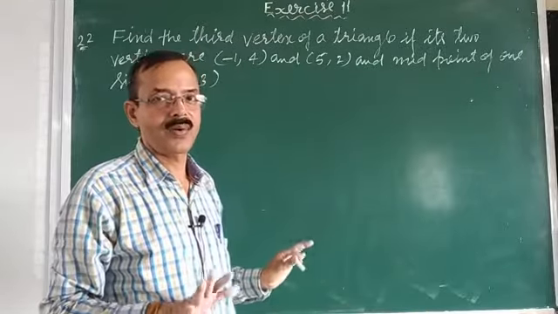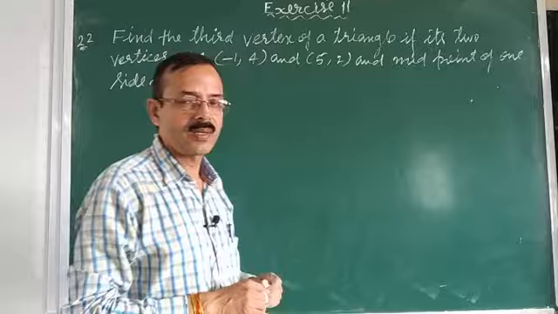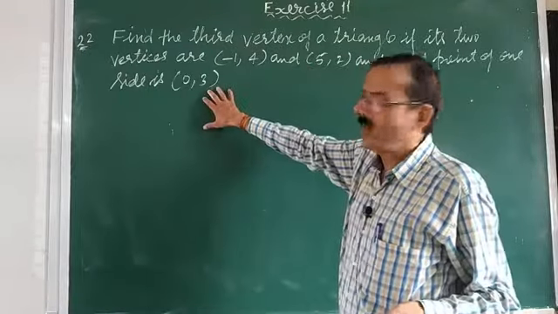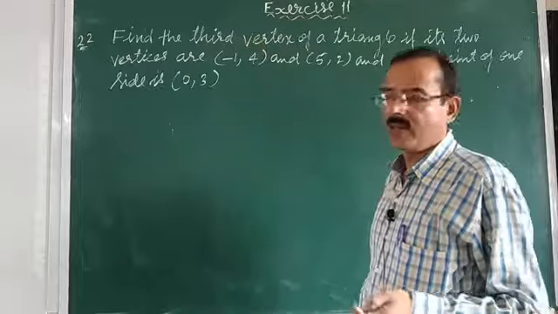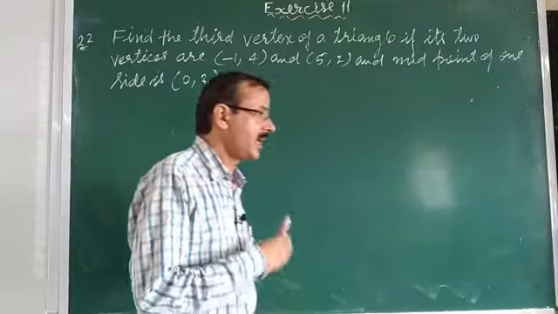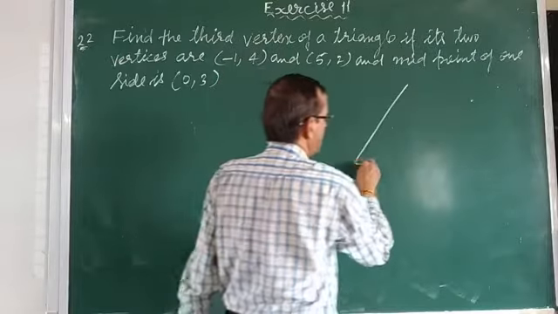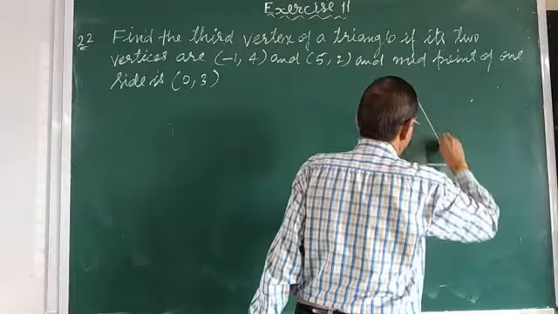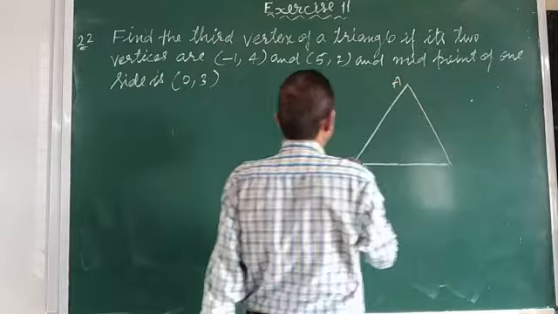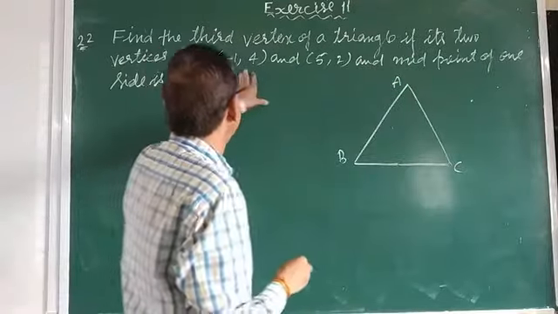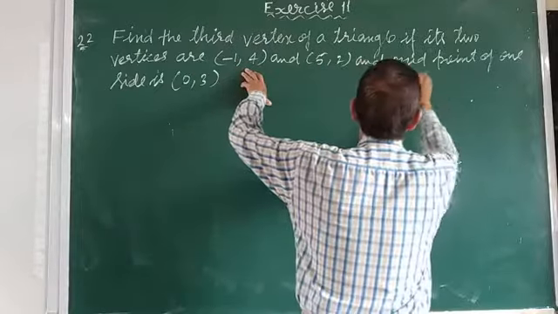Confusion nahi hai, don't worry about that. It looks like confusion but there is no confusion. The midpoint of any side is given. So let's check that. किसका हो सकता है? This is the triangle, triangle A, B and C. What is A? Suppose this is -1, 4.